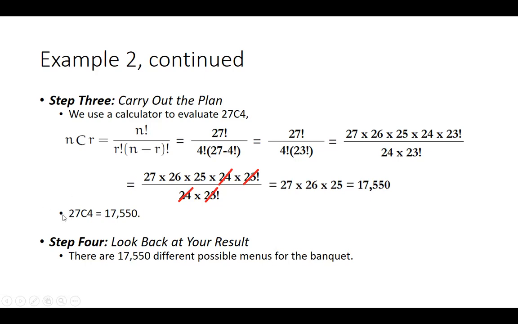If you use the calculator to do 27 choose 4 directly, you'll get 17,550 directly without any of the intermediate calculations. So looking back at our result, there are 17,550 possible menus for the banquet, where there were 27 items to choose from, and you're picking 4 of them. Order does not matter in the 4 that you're picking.